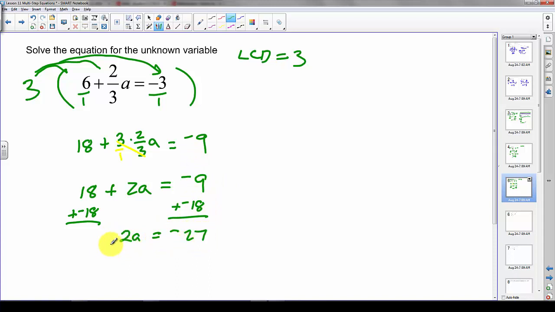And then I'm going to multiply by a half, or I could divide by 2. So in this case, I get negative 27 over 2 is equivalent to 1a.